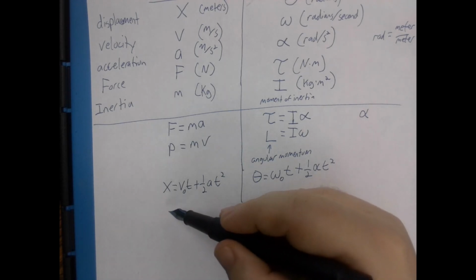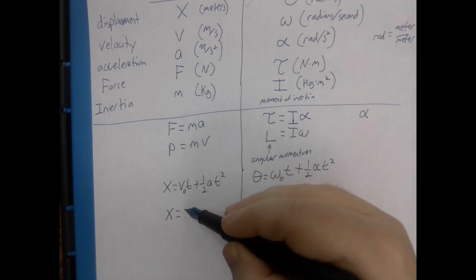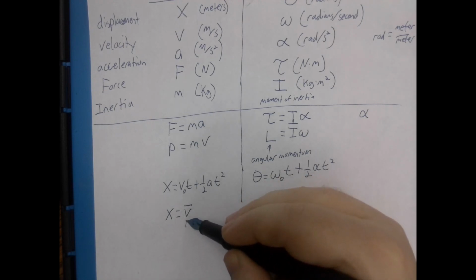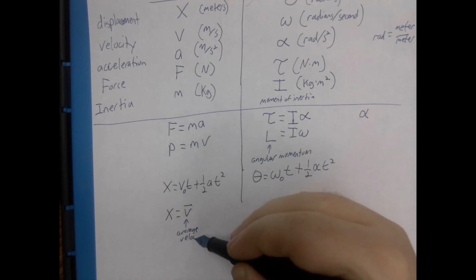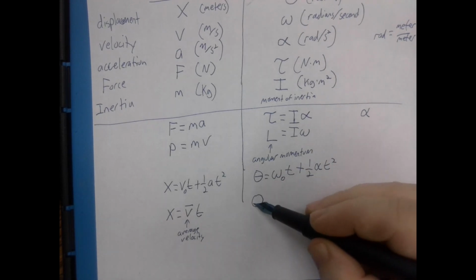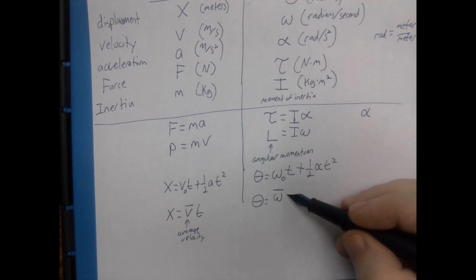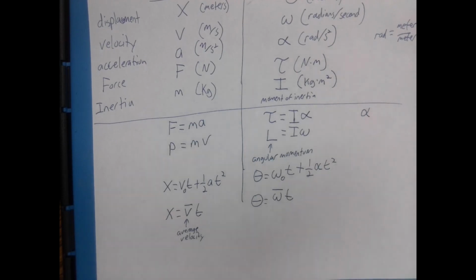You can have, for example, the distance you travel is equal to your average velocity times time. This could be theta equals your average rotational velocity times time. So if it's constant, then it's not average anymore.